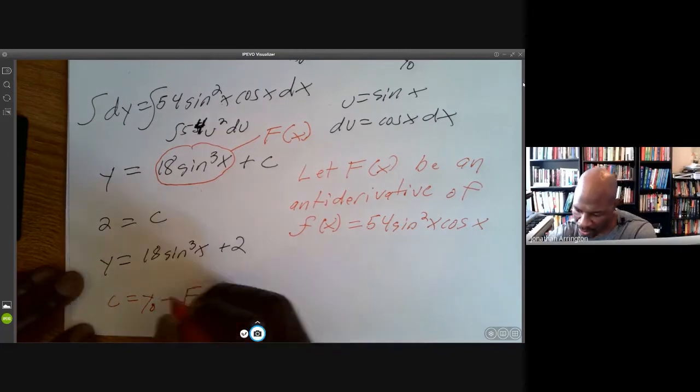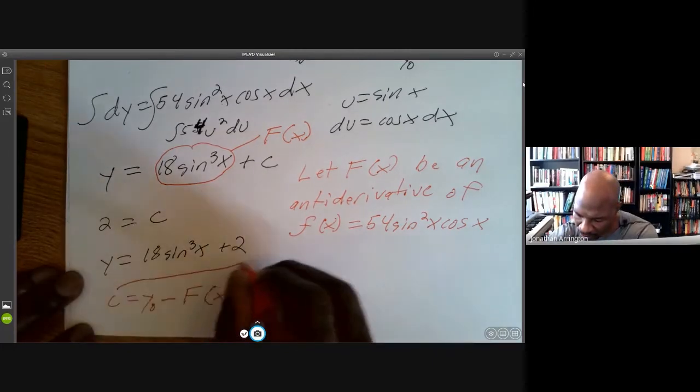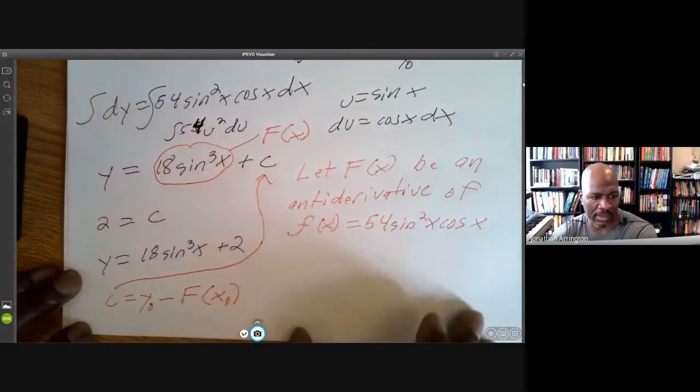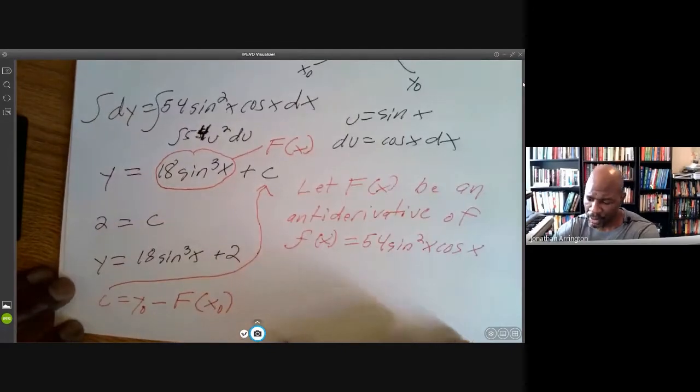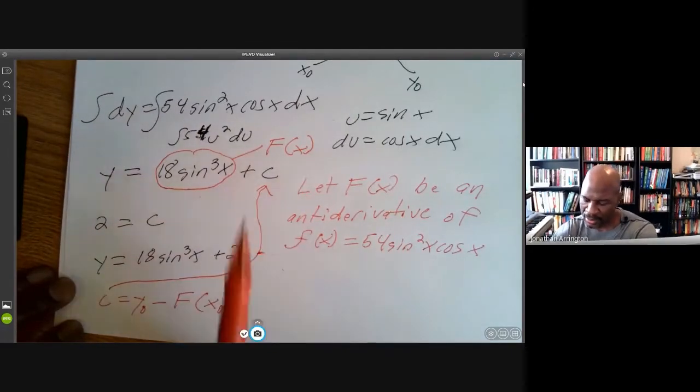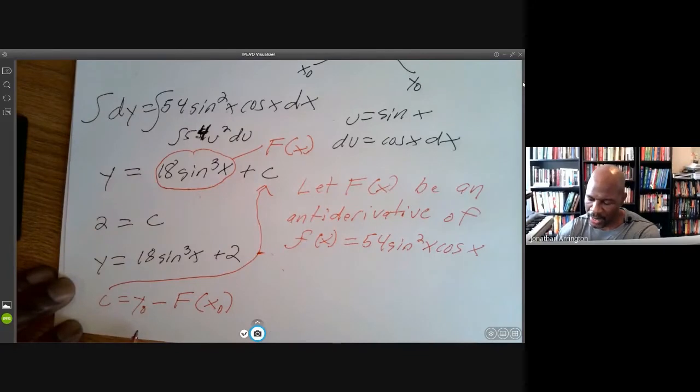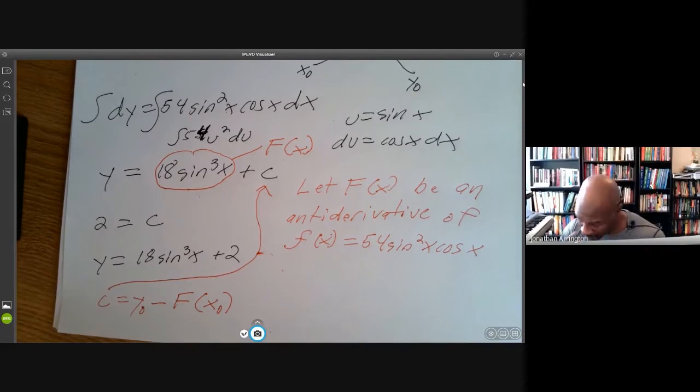So this is C. Big F of x plus y naught minus big F of x naught. Now, I'm going to write that in a different order. I'm going to move this y naught to the front, and I'm going to say y, where y is a particular solution of the differential equation.